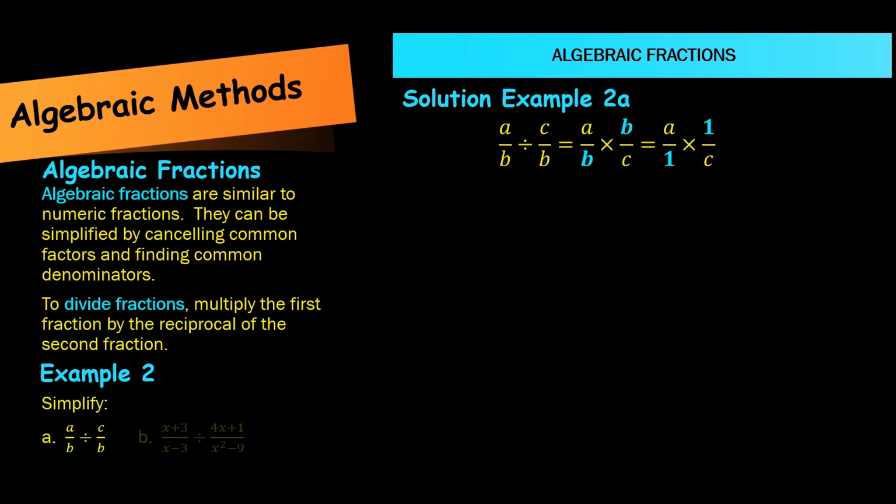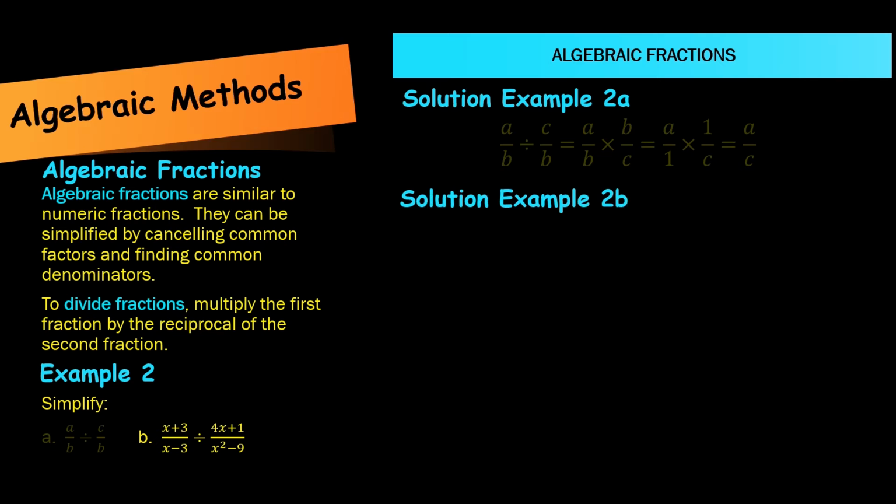Next we cancel, as shown, the b's, and we leave a and c as they are. Then multiply across gives us a times 1 is a over 1 times c is c.